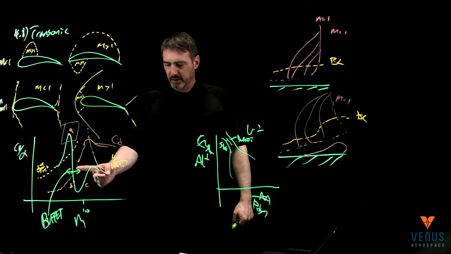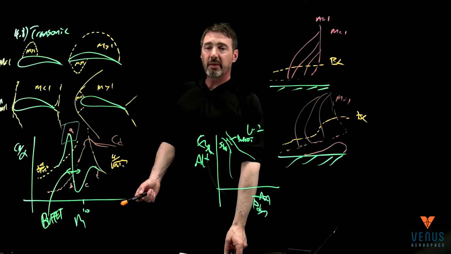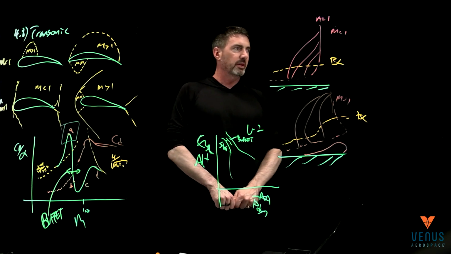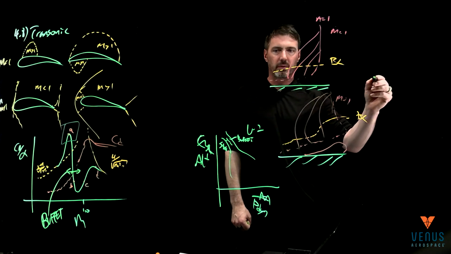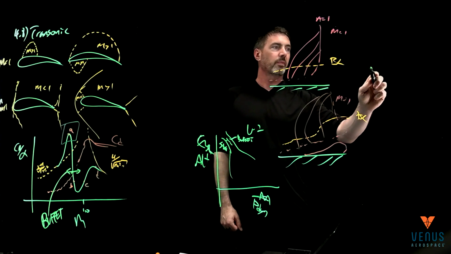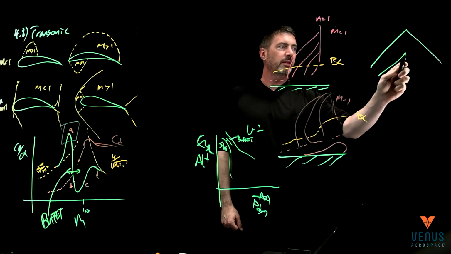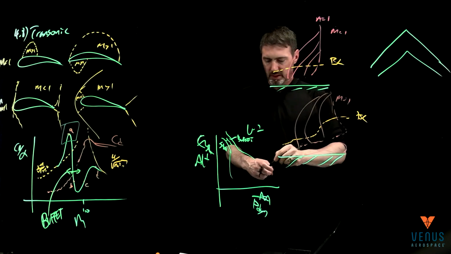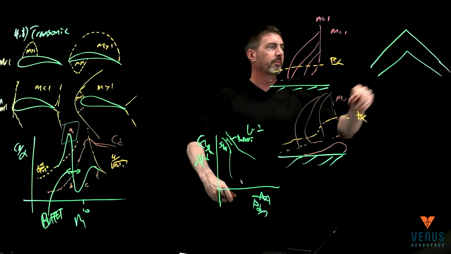Okay, but if you can design around that, you can get something called a supercritical airfoil. So a couple things: we'll talk airfoil and area rule. Ultimately, think of an airfoil, and it's Mach less than 1 out here.